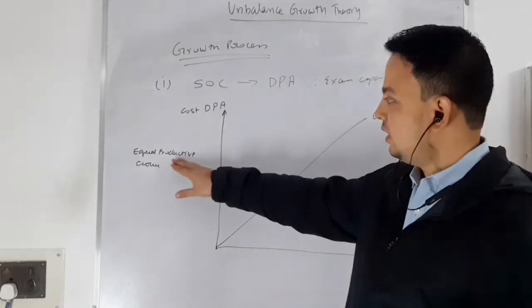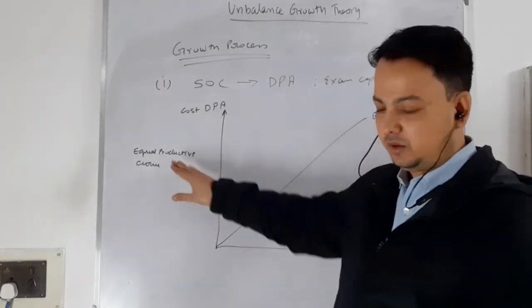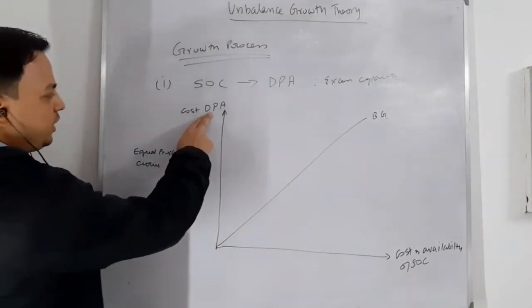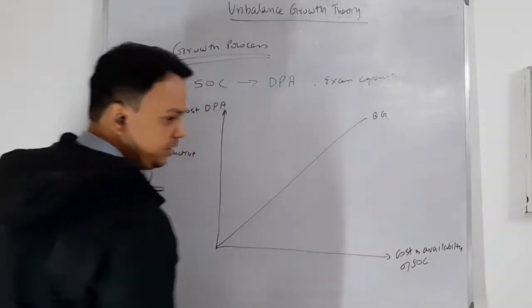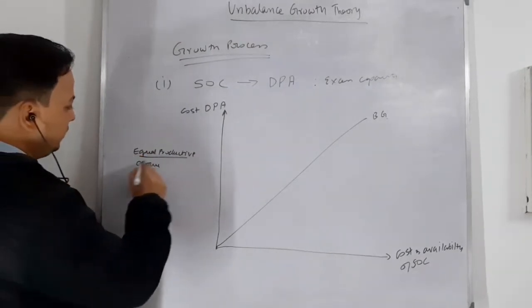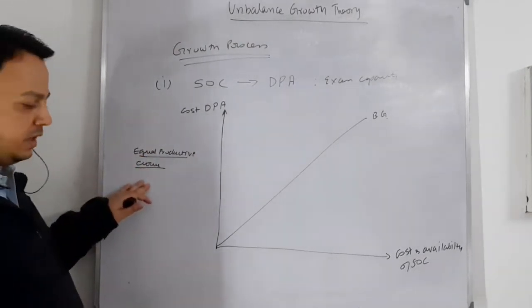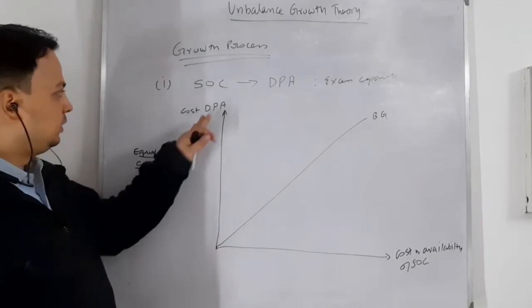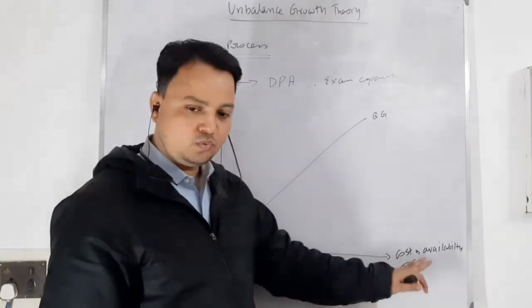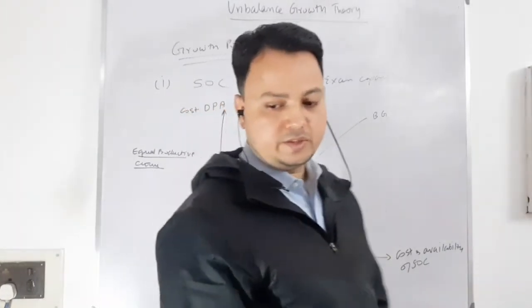Here we are doing the equal productive curve. It is a locus of combinations of your direct productive activity and social overhead capital for the corresponding level of national income. So what is the equal productive curve? It is a locus of combinations of direct productive activity and social overhead capital for the corresponding level of national income.